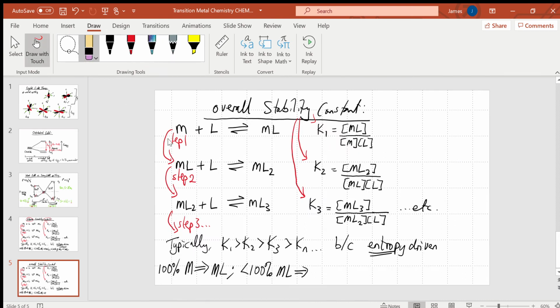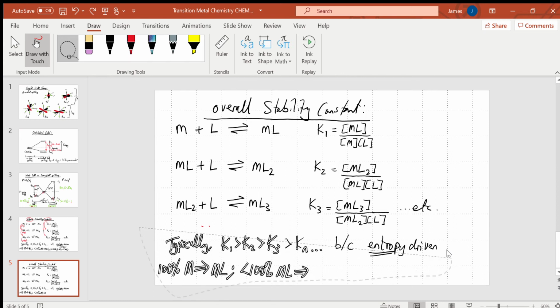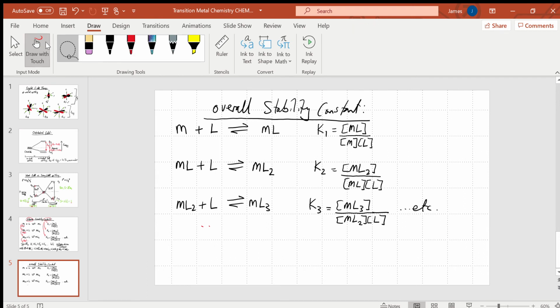Let's get rid of the step 1 stuff, or the red stuff I have here, so I can clear that up a bit. Okay, that'll do.